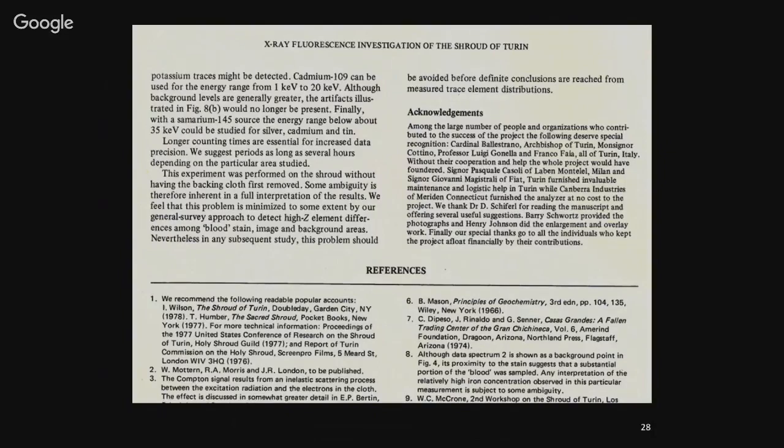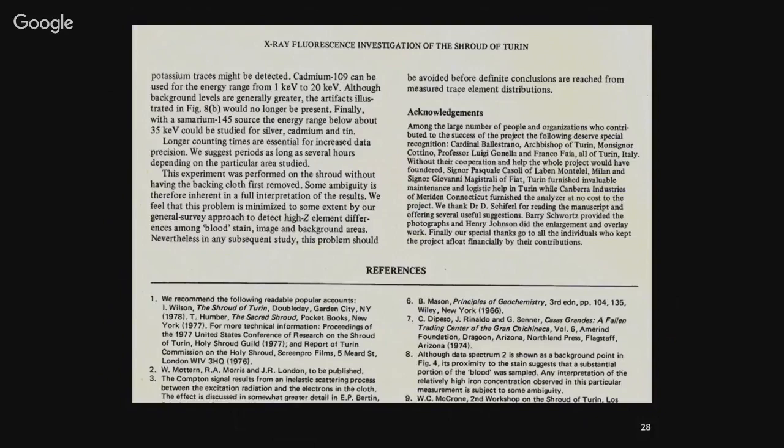Some ambiguity is therefore inherent in the interpretation of the results because the backing cloth, or the Holland cloth, that had been sewn on in 1534 by the Poor Clare sisters to repair the shroud from the Chambéry fire of 1532, was there, and obviously, based on what they're saying here, that would have some potential influence on their results. So they carefully noted that.